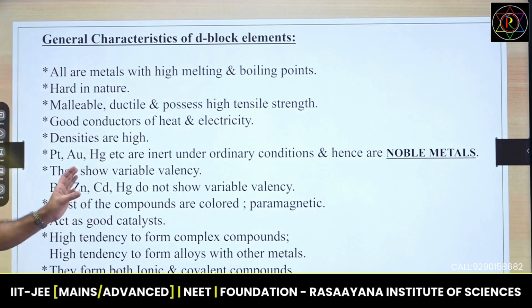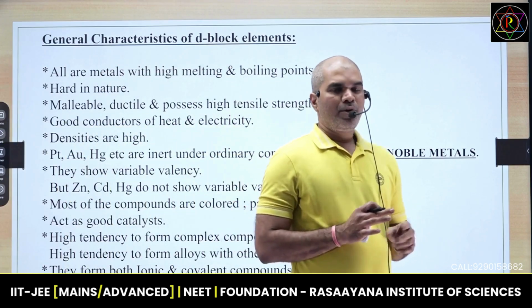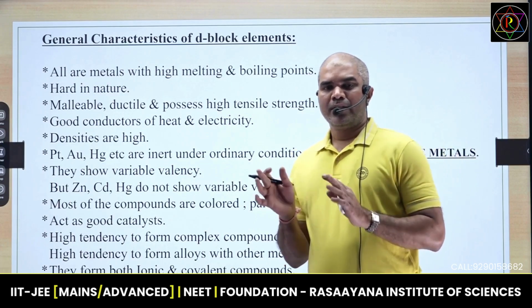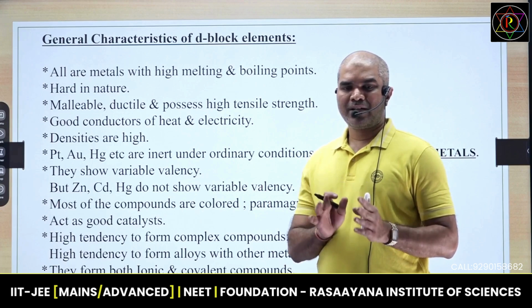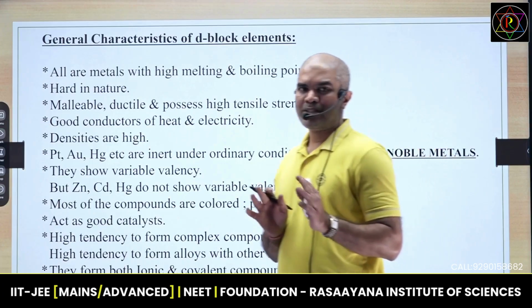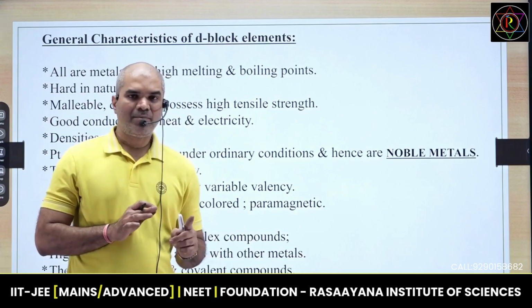What are the common features? All of these are metals. First point to remember, all of these are metals. Second point, they are very highly conducting. They are thermal conductors. They are also electrical conductors. They are ductile and malleable. We can convert them into wires and sheets. They are hard metals, not soft metals.